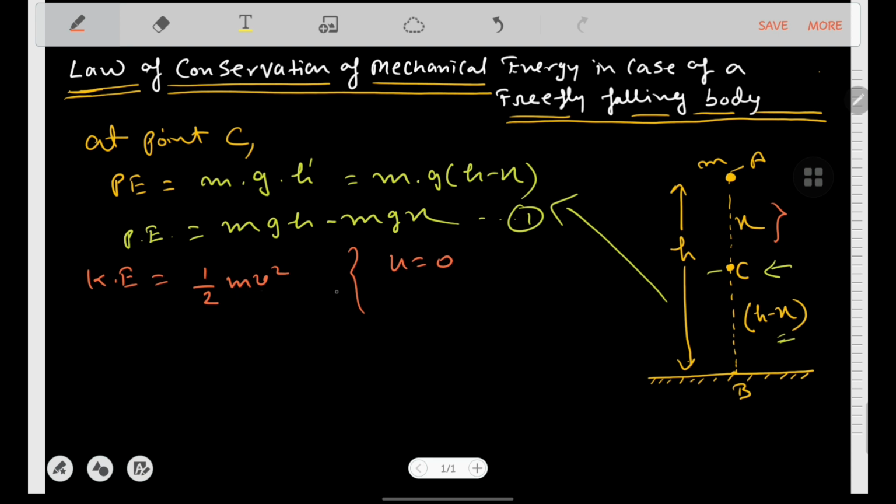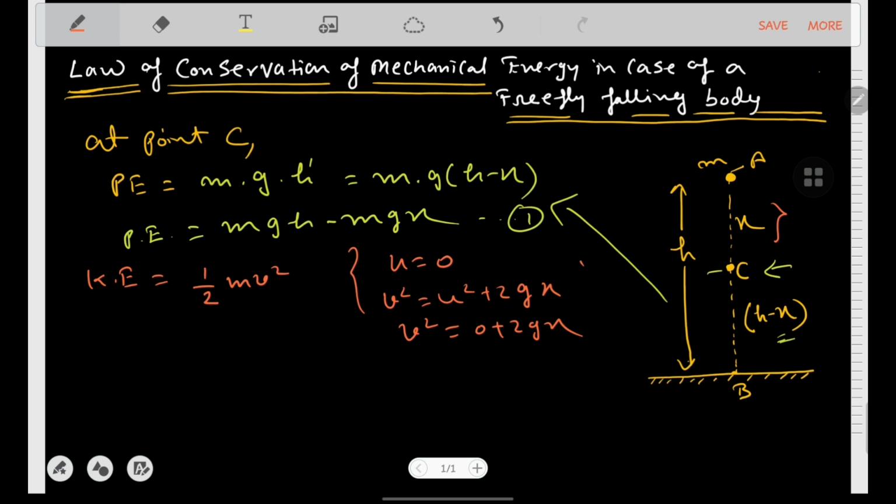We can replace v square using the third equation, v square equal to u square plus 2gx, where x is the distance traveled from point A to C. Since u was 0, v square equals 0 plus 2gx.